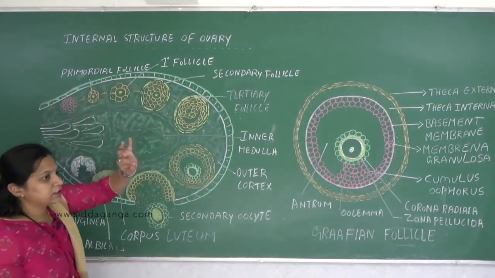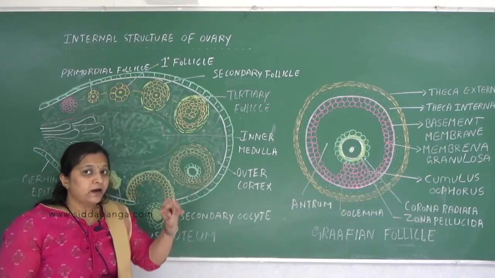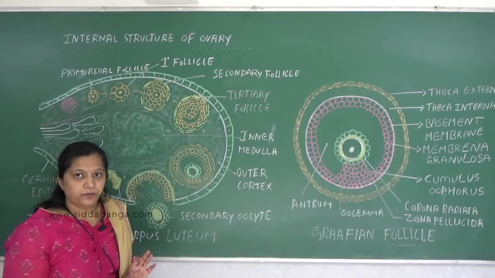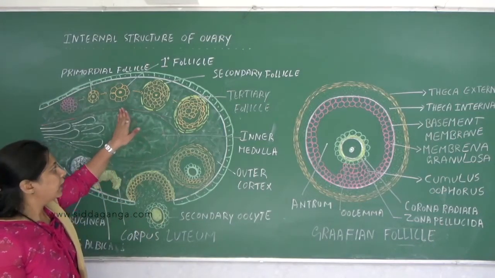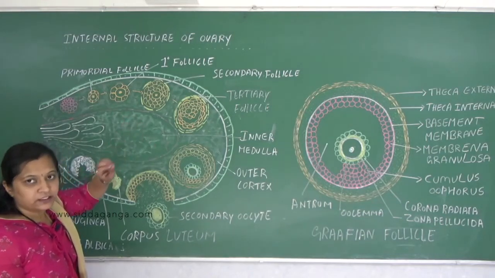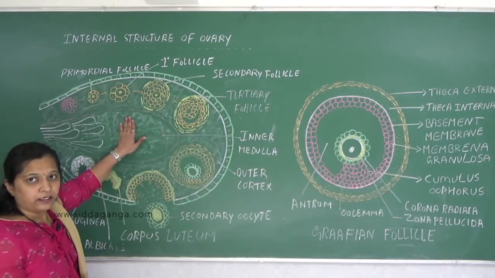Dense connective tissue, collagen fibers, stromal cells, and the follicles in different stages of development. And what is present in the medulla region? It is made up of loose connective tissue, elastic fibers, blood vessels, nerves, lymph vessels, along with some smooth muscles also present in the inner medulla region.